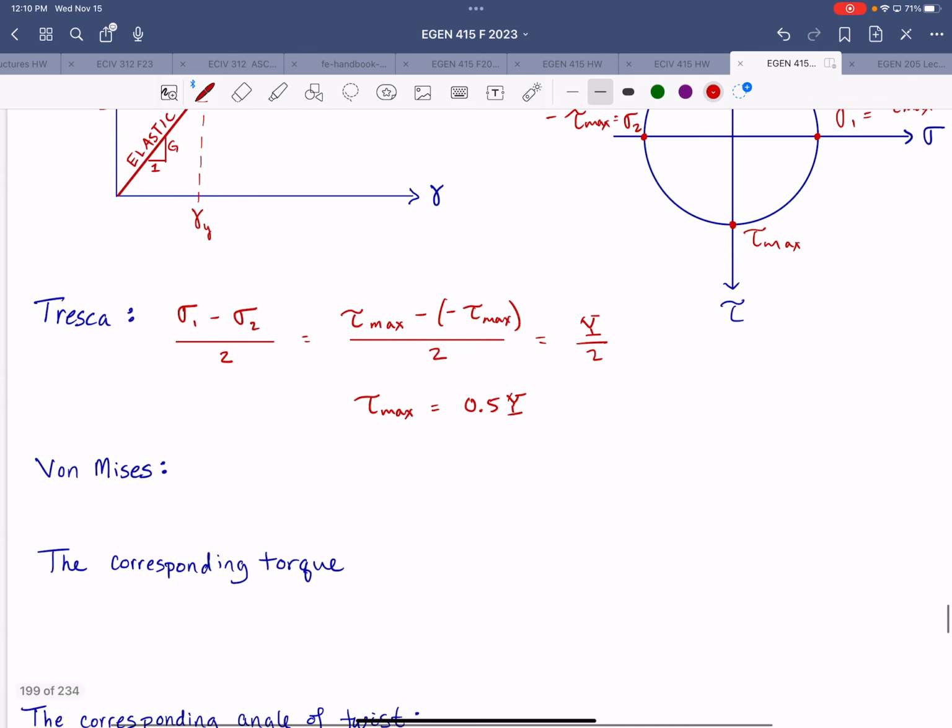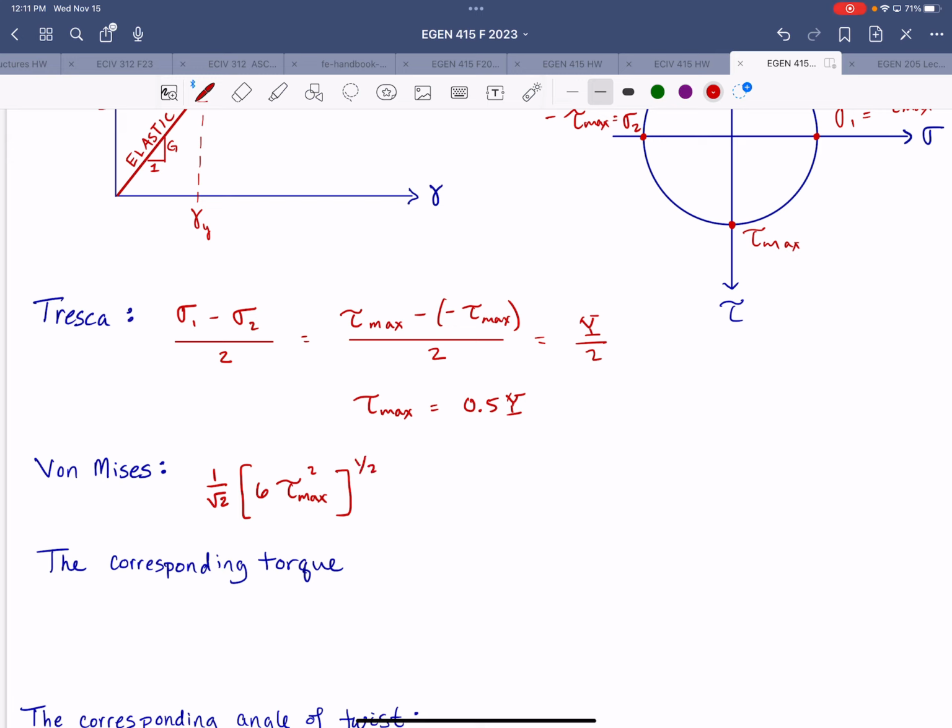With a von Mises application, we would implement that long equation that uses the stress of distortion. That's going to be 1 over the square root of 2 times the square root of 6 times the maximum shear stress squared, which is what that equation would reduce to.